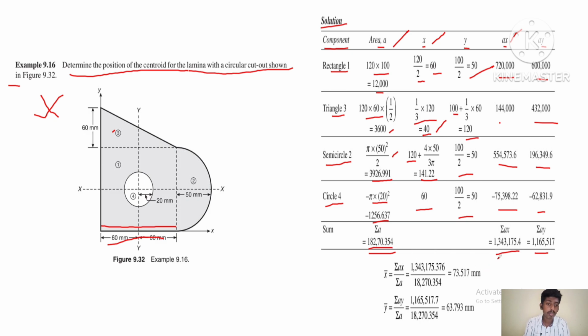For ax, the sum of all ax of all components is this after calculating, and for ay we get this value. Later, to find the x distance, this x bar, we need to divide ax by area, and to get the y distance we need to divide ay by the area. In this way we can solve the problems of every given lamina.